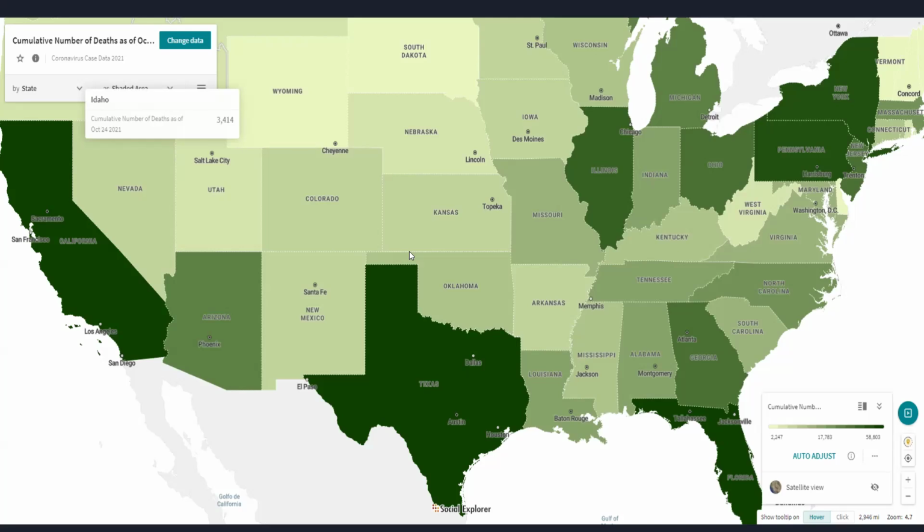All these things come into the cumulative number of deaths, because people that are foreign born are more likely to go out and work, and these are the states that are mostly impacted. That's the observation I made through my Social Explorer.